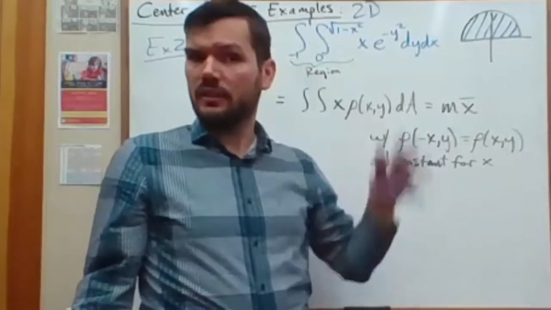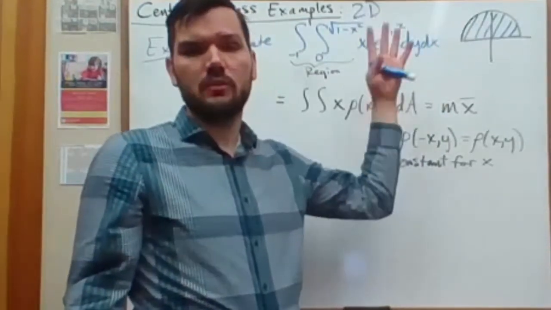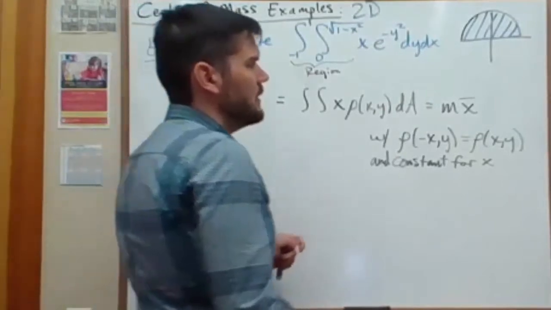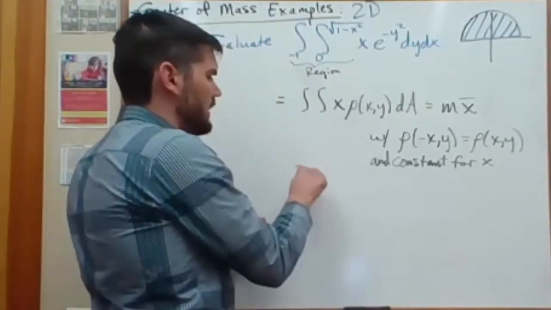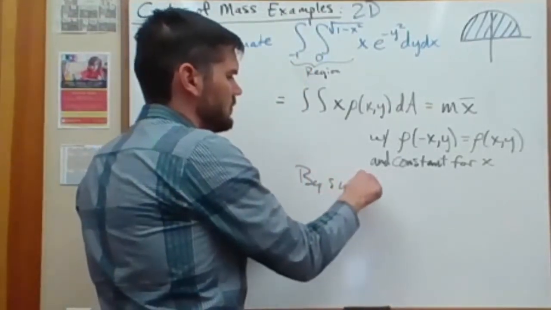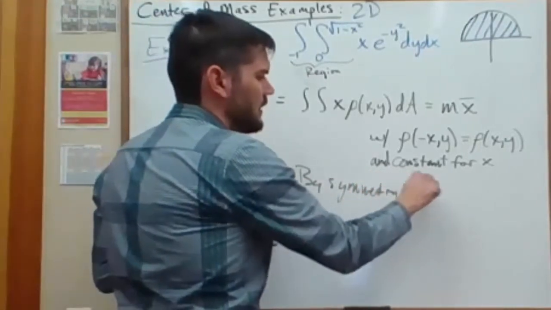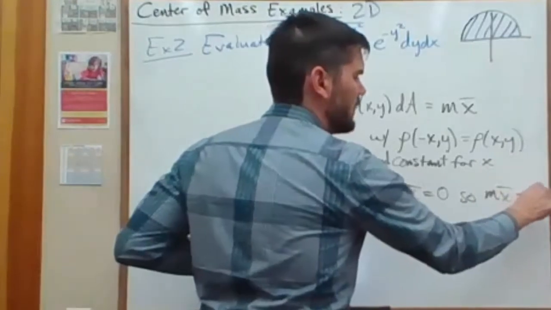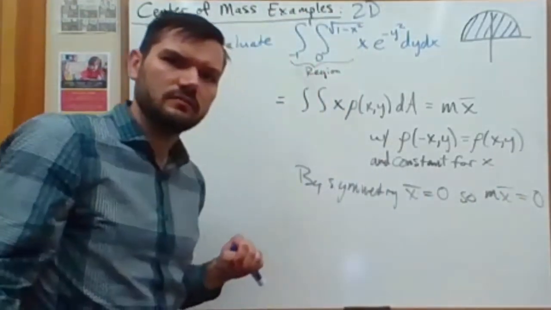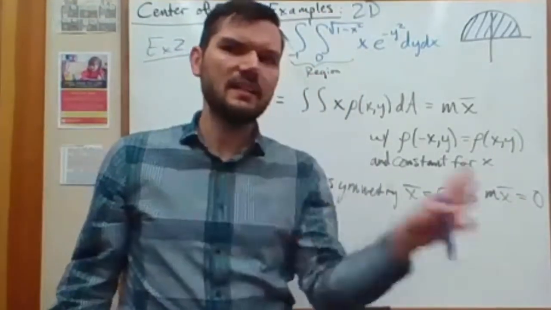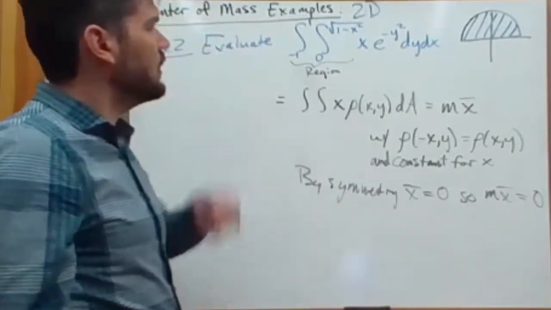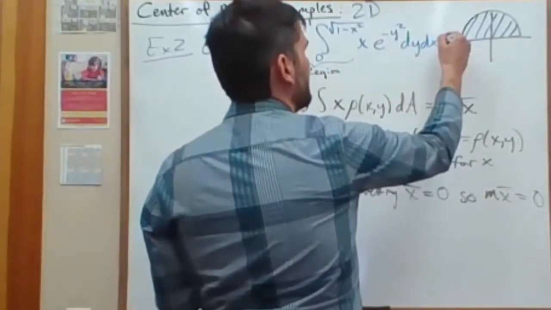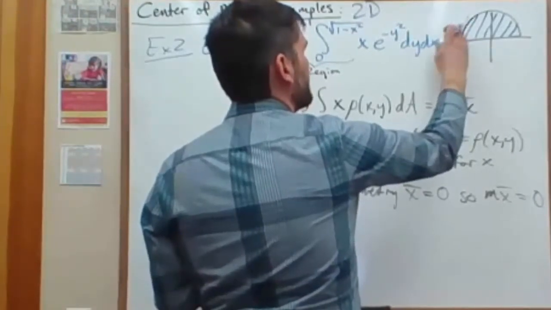It has symmetric limits, or the geometry is symmetric about the y-axis in the x direction. And so we know that by symmetry, x bar equals 0. So the moment must be equal to 0. So without any integration, we know that this equals 0.